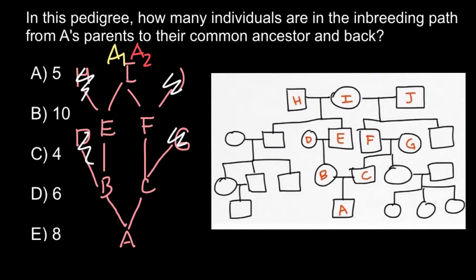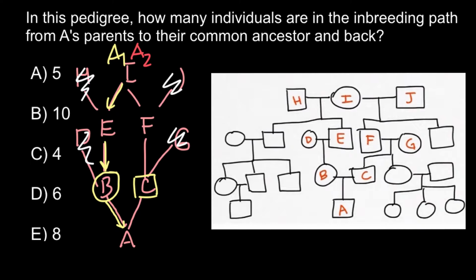The probability would be as follows: 1/2 probability that individual E, son of this female, would inherit this allele. Then once again 1/2 probability that individual B would inherit it, and 1/2, 50% probability that individual A would get this allele through the mother's side.